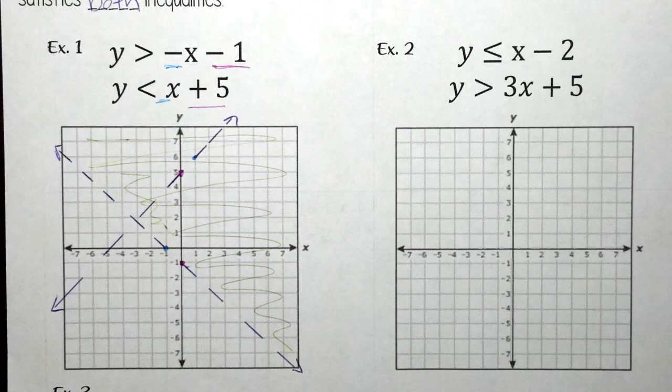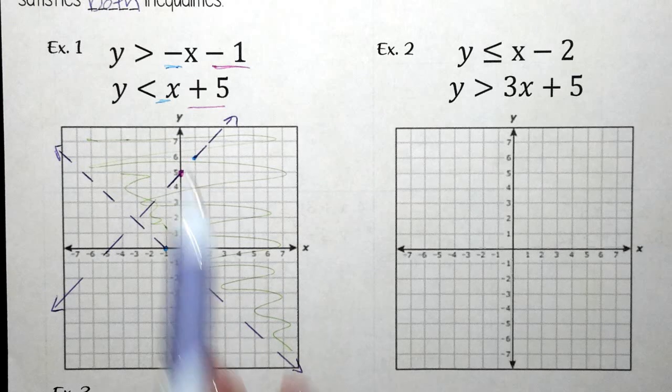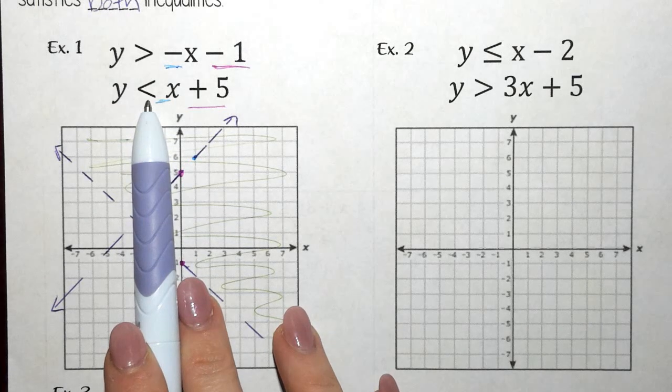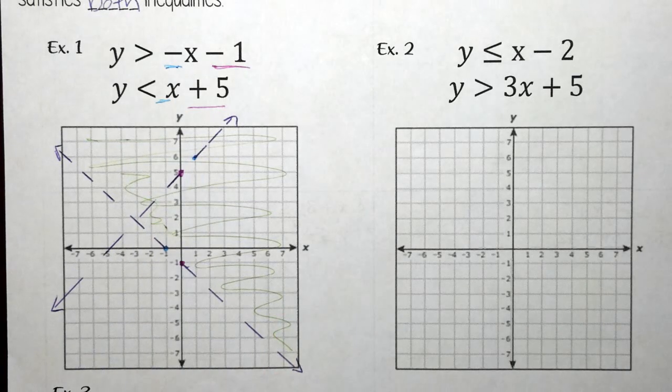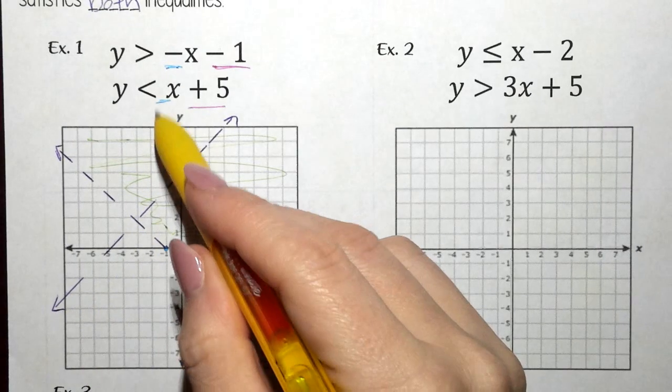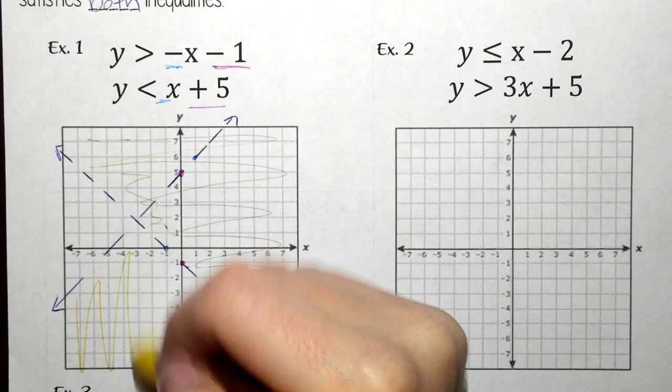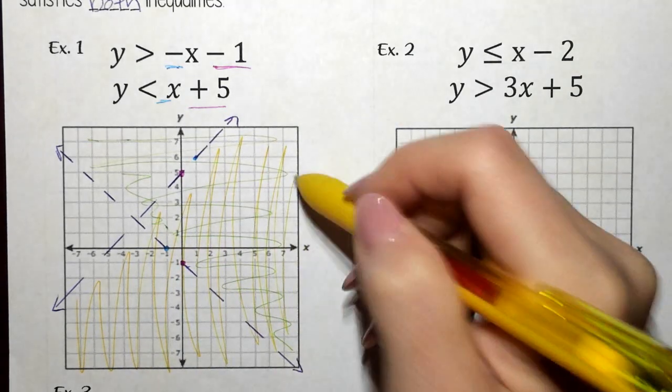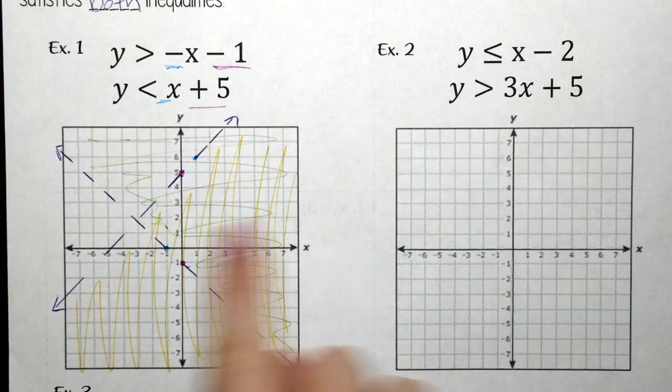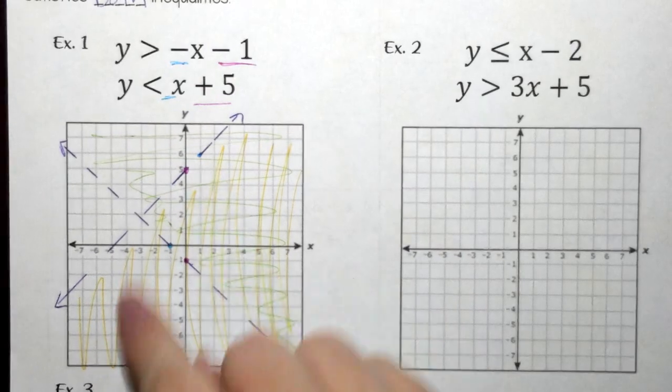That's what that inequality looks like. Let's shade. Where are we shading this time? We are shading below the line. Let me get a different color. So below this line is this area here. So that's the solution to that particular inequality.